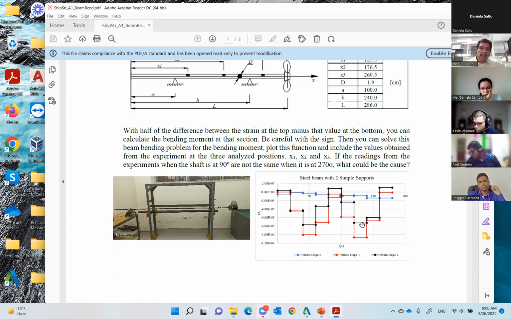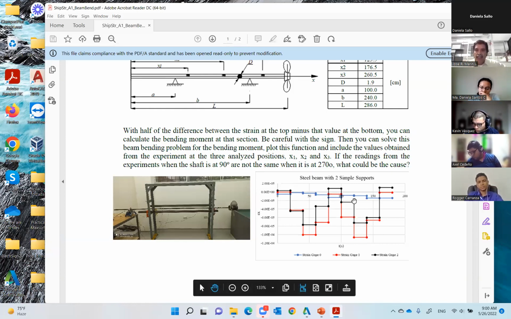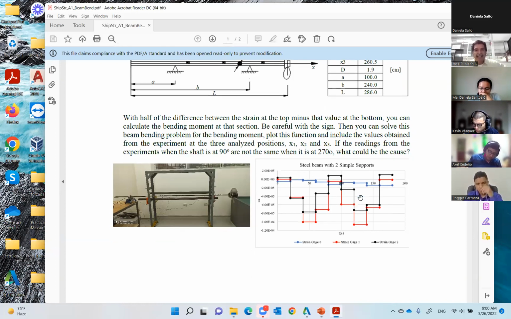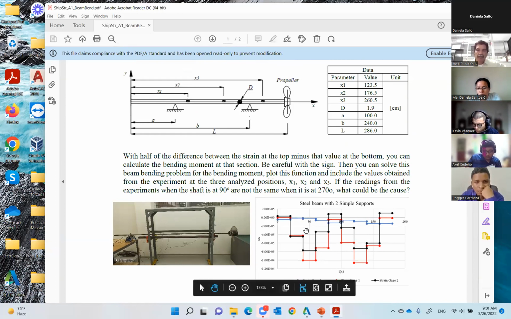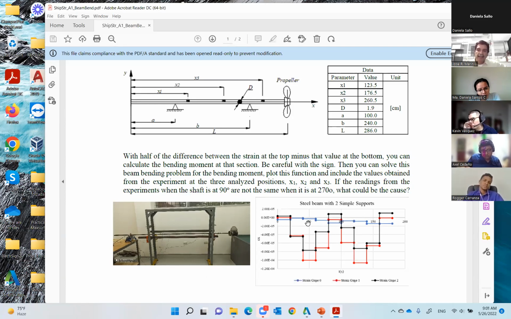In the case of the first gauge, that's a very delicate one because this gauge is located well to the left, so probably the values were very small, and since the values were very small, we probably cannot trust these readings.